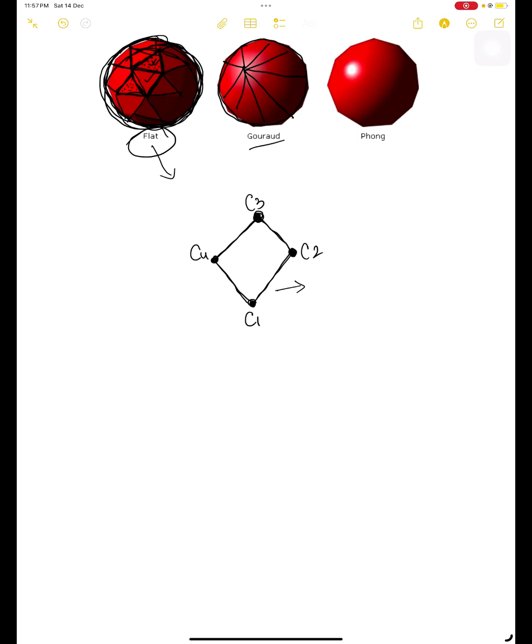And based on these vertices, we will assign colors of every point that is along these edges and also along all the scan lines inside our polygons, as in all the individual points inside our polygons here, using these four colors.